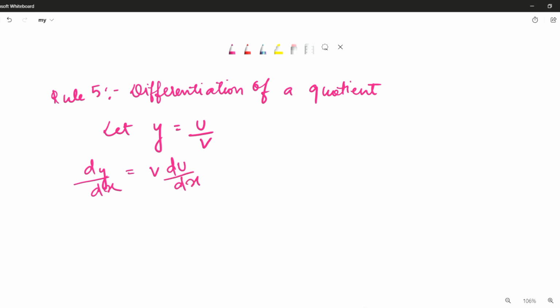Okay, differentiating u first, v will be constant, minus u will be constant and v will be differentiated. Just reverse of product rule. Okay, and then divide by v square.